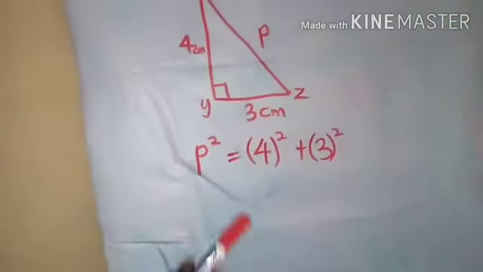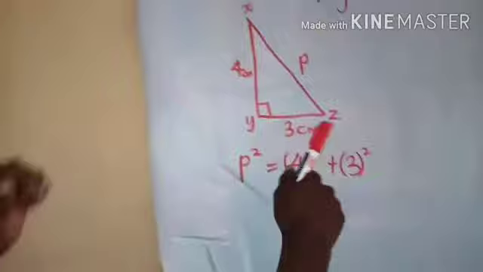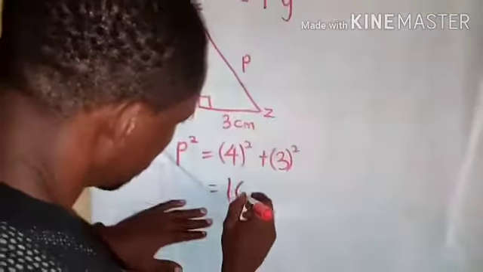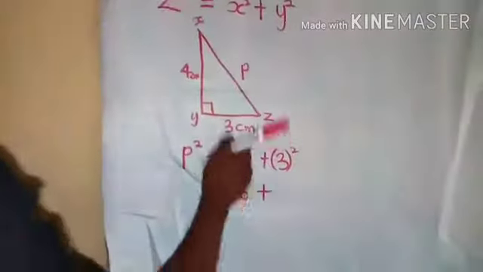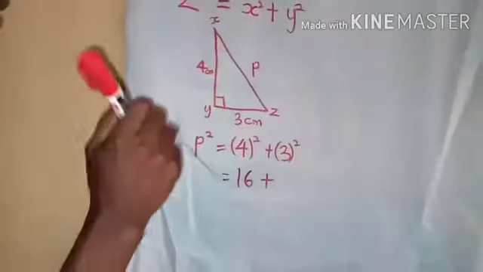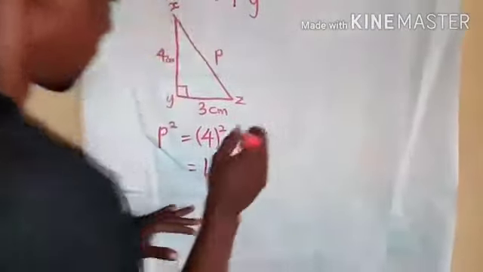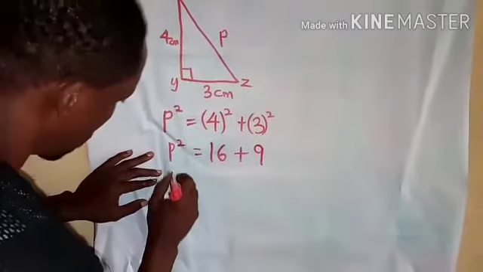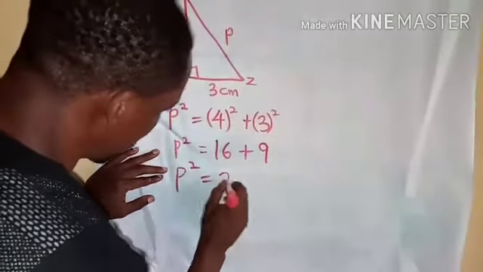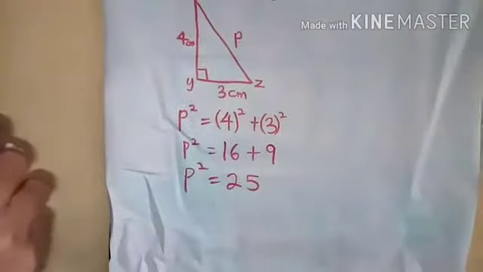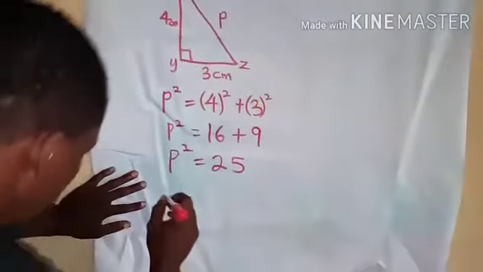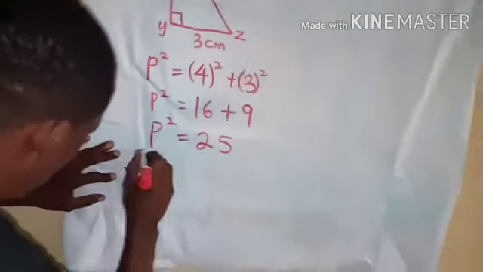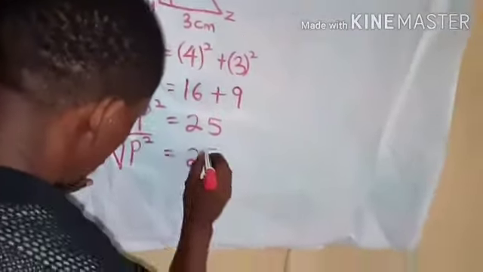If we have to solve it, first, 4 to the power 2 is 4 times 4, which is 16. And 3 to the power 2 is 3 times 3, which is 9. So P squared equals 16 plus 9. You know that P squared will be equal to what? 25. So let's take the square root of both sides. The square root of P squared and the square root of 25.